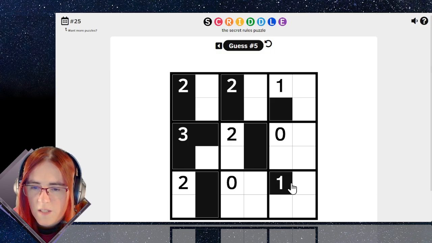How about this? So this makes everything be in contact diagonally. Oh wait, no, we fail up here. So we can't have that touching there. Boo.